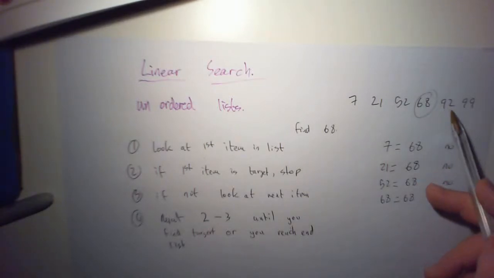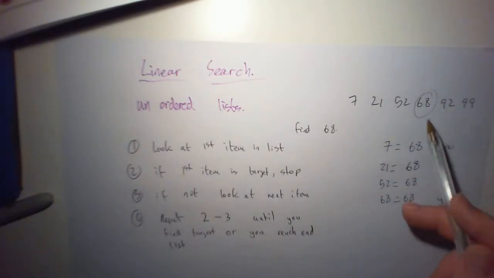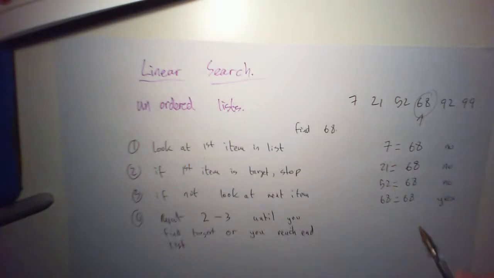But let's say I was looking for 92. Let's say it lands on 68 as the middle number. Is 68 equal to 92? No. So what would binary do? This is all happening in the one iteration. It would check that 92 was either greater than or less than 68.